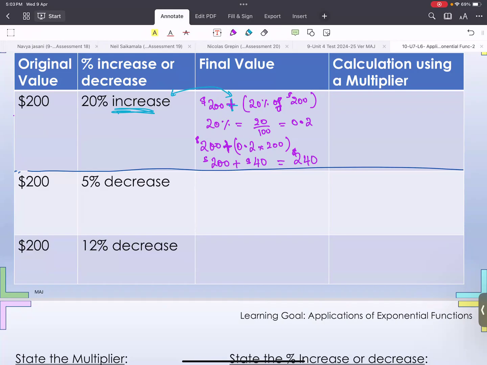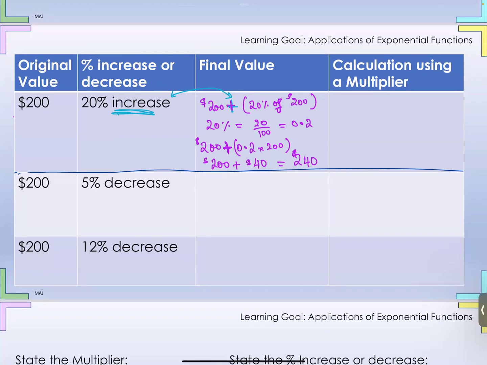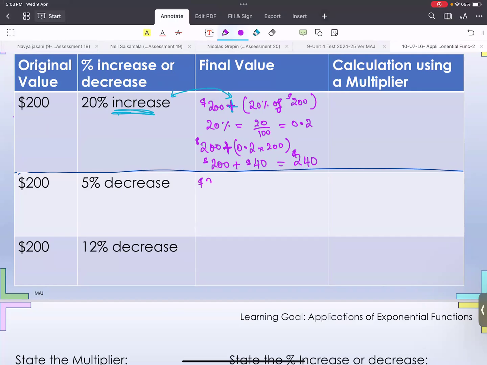That means if I again start with a $200 item, now I'm going to do minus, because of the decrease, 5%. 5% is 5 divided by 100, so 5 divided by 100 multiplied by $200. So that is $200 minus $5 for every 100, so basically $10.